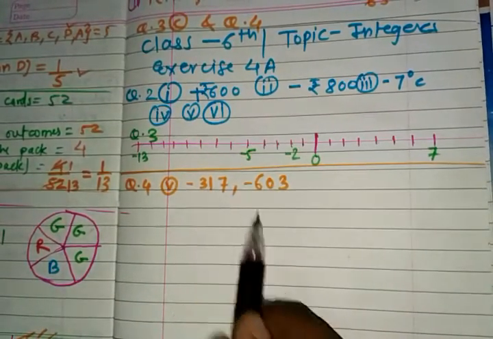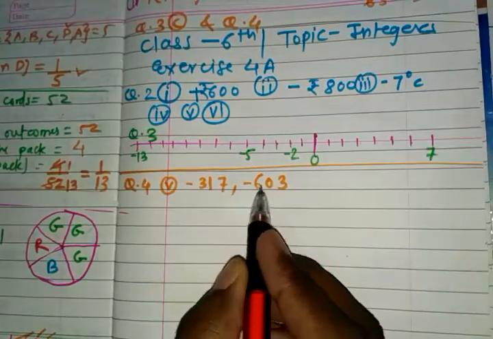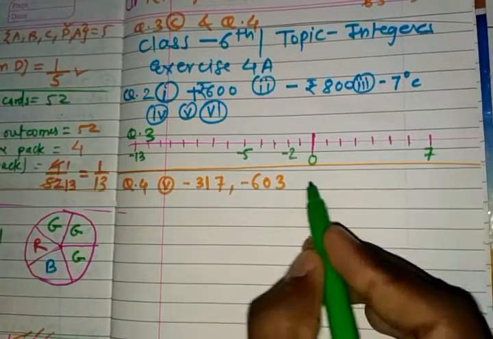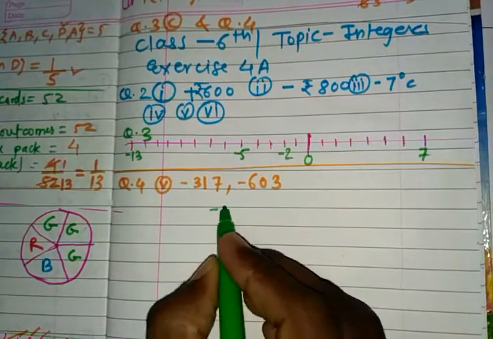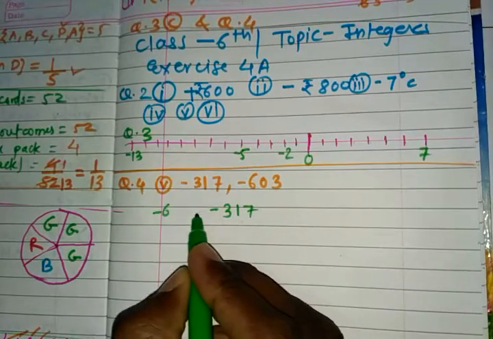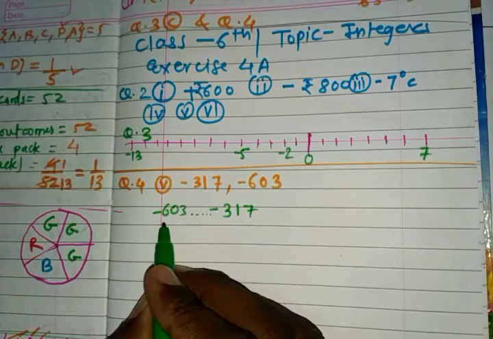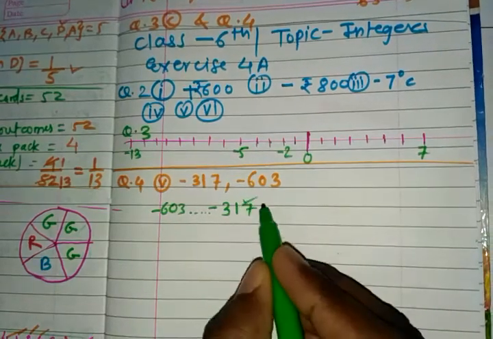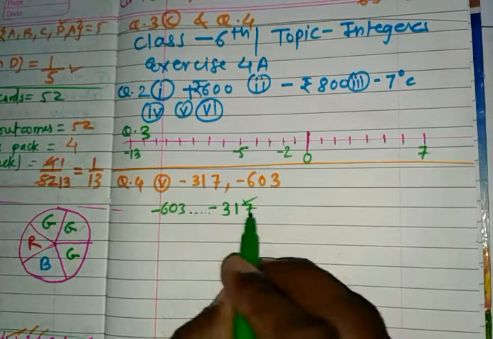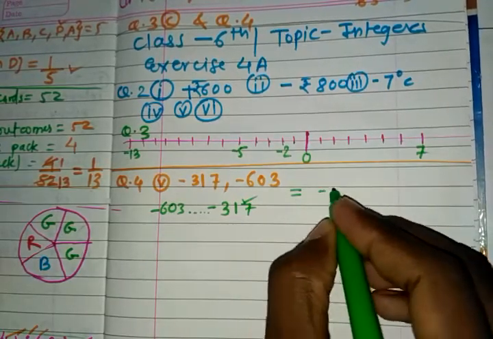Now arrange these two numbers according to their order. 603 is lying toward the left of 317, so if I give them dashes, the number which is to the right is the bigger one. That is our rule for determining the bigger number out of two negative integers. So the bigger number is minus 317.